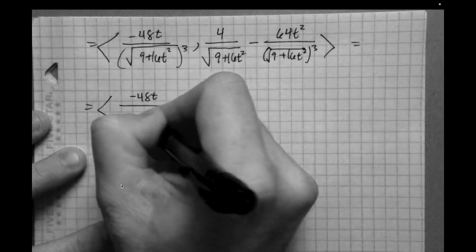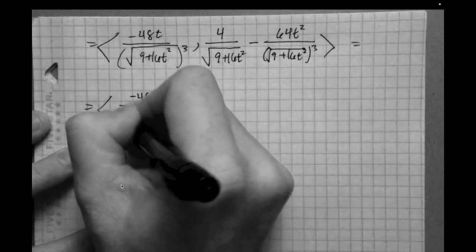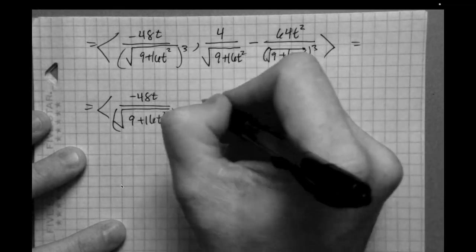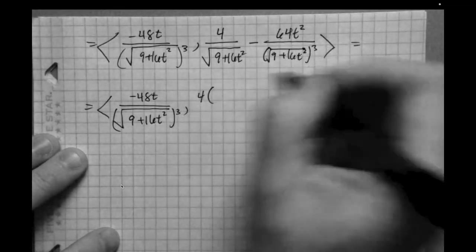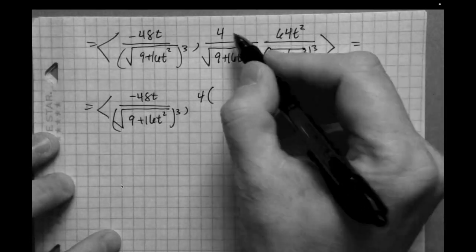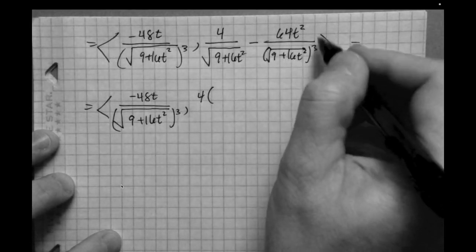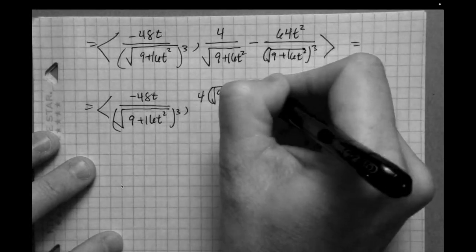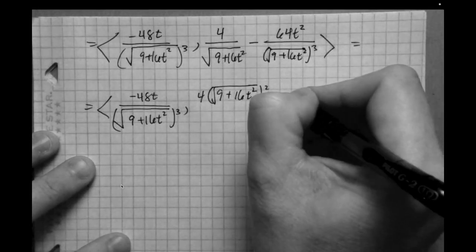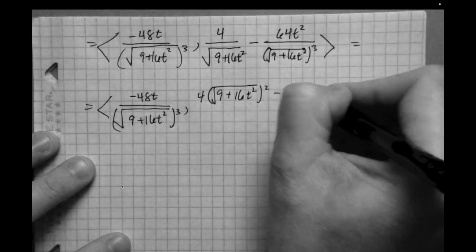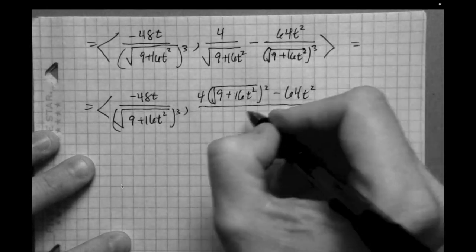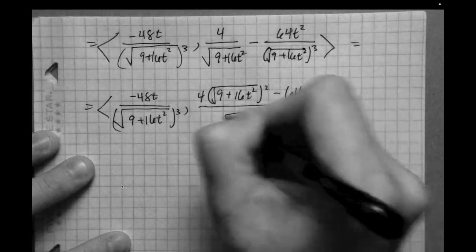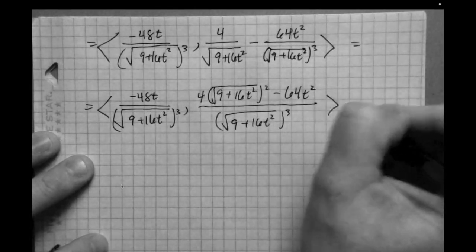And so we can do that. And so that's just going to be 4 times, and we got to take basically 2 of these up here, right? So we'll have to have this term squared. So 9 plus 16t squared, that's the square root, and we got to square it. And then it's minus 64t squared all over this thing cubed. All right.